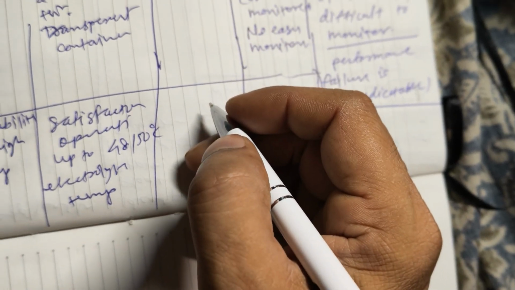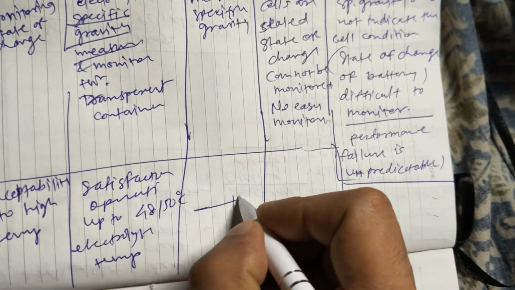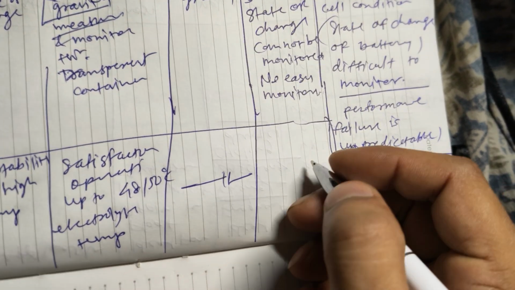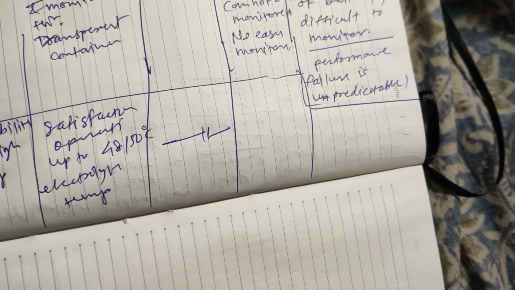Here tubular, satisfactory operation up to the same. In VRLA, prolonged operation at high ambient temperature curtails battery life.